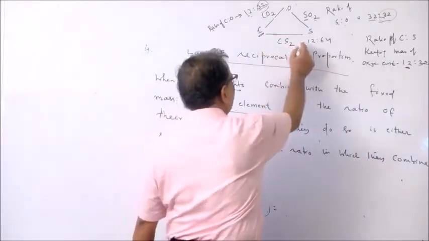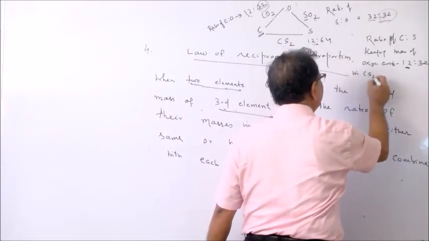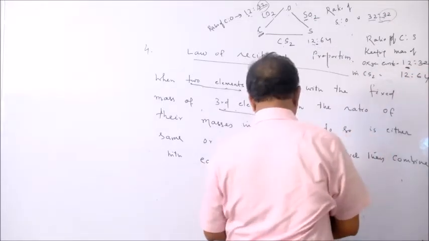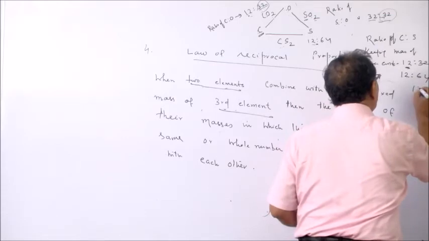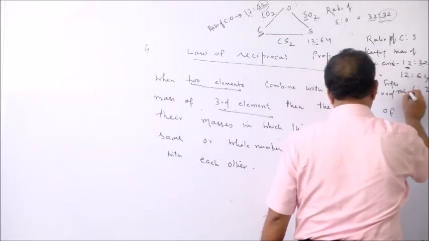In carbon disulfide it is 12 to 64. That is the simple ratio of 1 to 2.